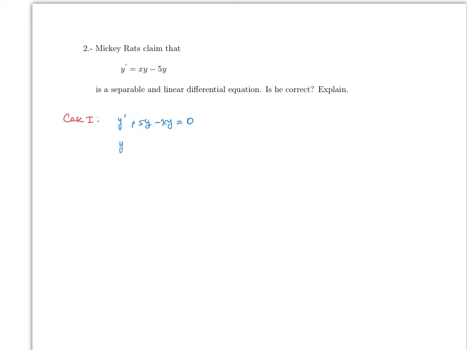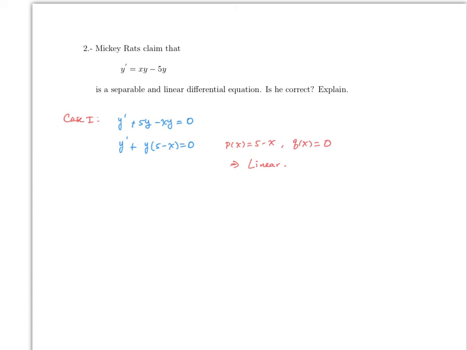This will be y prime plus, you can factor the y, and then this will be 5 minus x, equals 0. So in this case, p of x will be 5 minus x, and q of x will be 0. So therefore, yes, this will be linear. Okay, so that is correct.